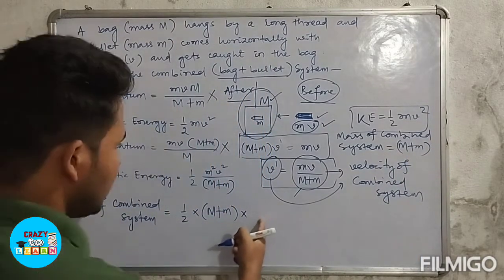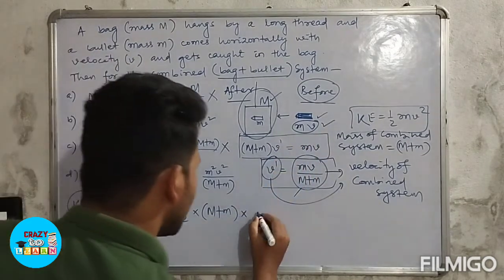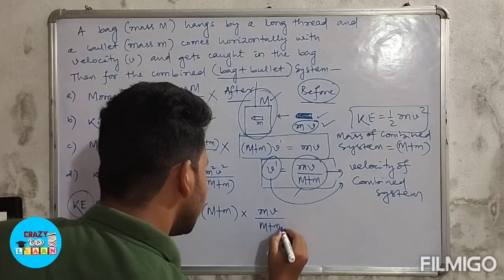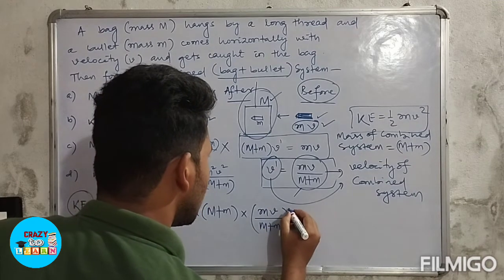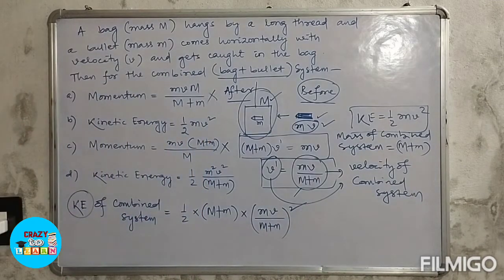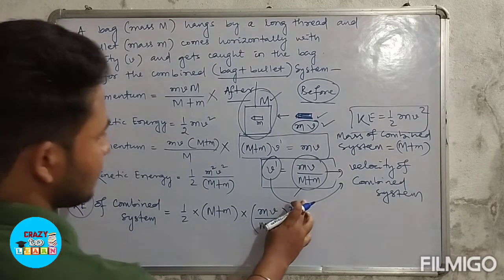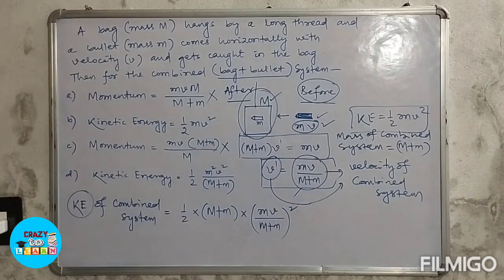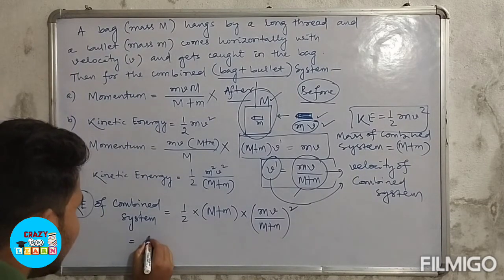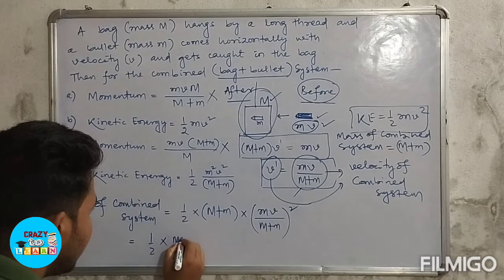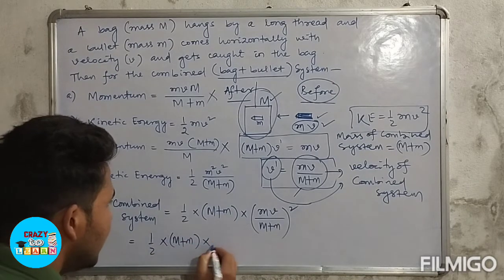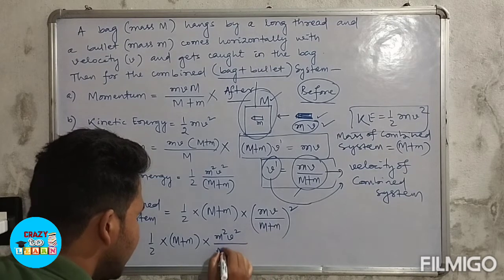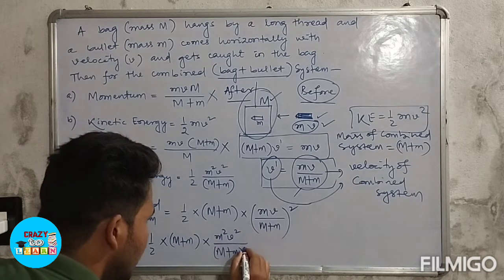So just here put the velocity square. So small m small v divided by capital M plus small m whole square. So I can write half into capital M plus small m into small m square small v square divided by capital M plus small m whole square.